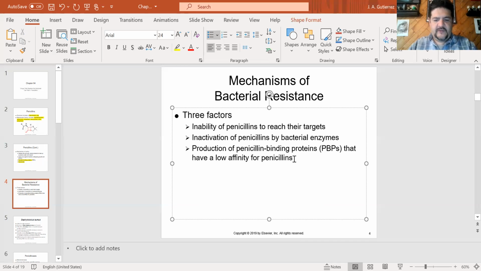So basically what they were doing, they were making enzymes that prevent the binding of the beta-lactam ring to the penicillin binding protein that the bacteria has on the wall. And the name of this enzyme that now is helping the bacteria survive is called penicillinase.